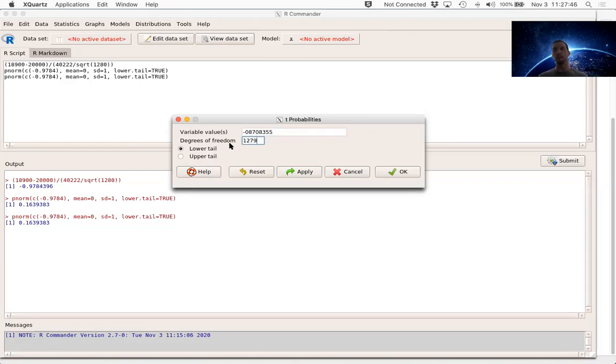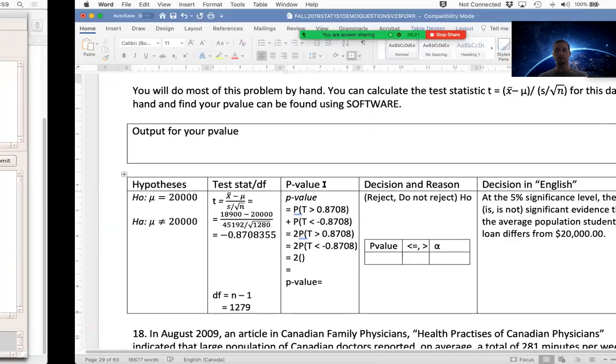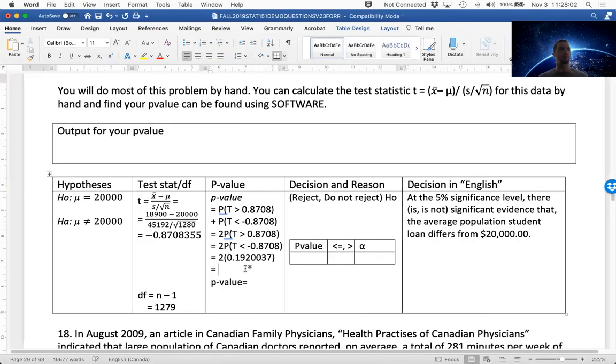So we're finding the probability of being less than the test statistic value on 1,279, which gives us 0.1920037. So we multiply this value by 2, and we end up with 0.3840074.